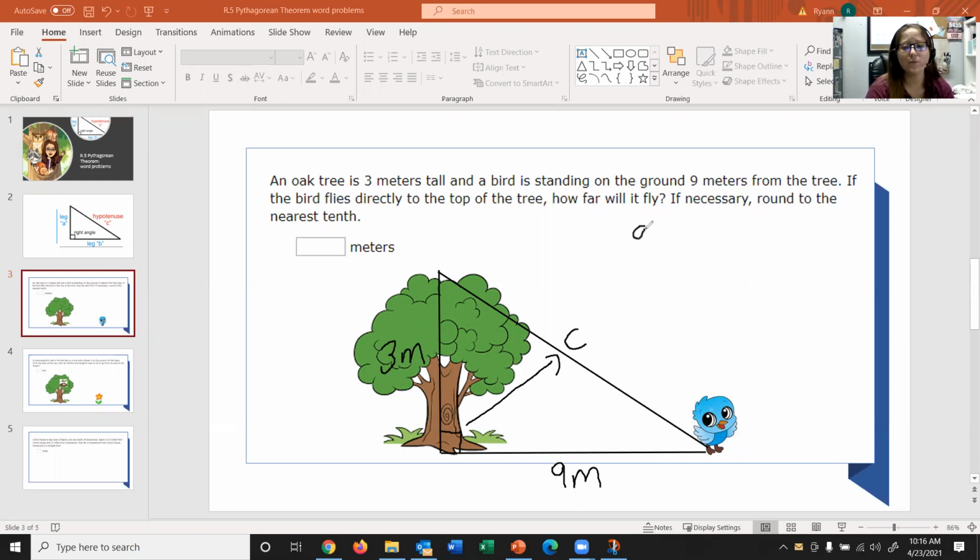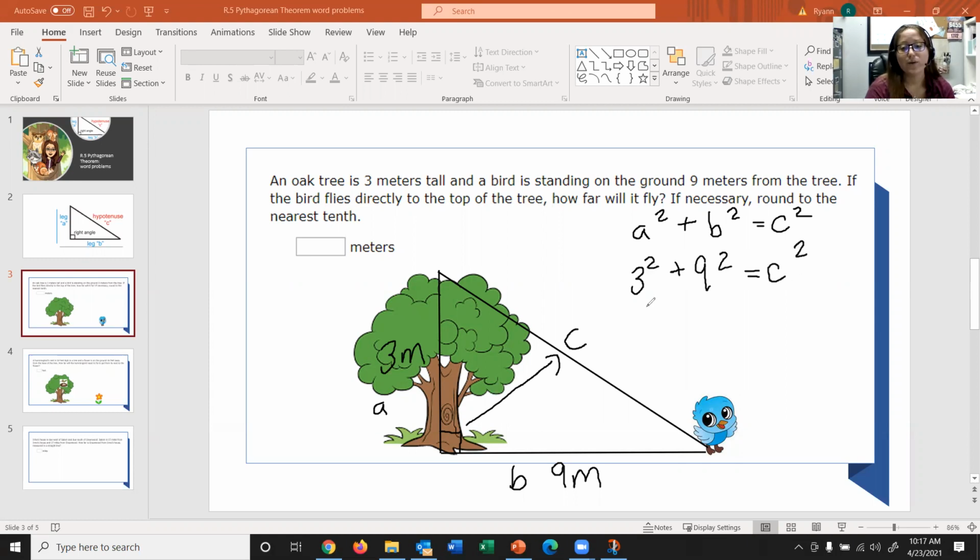So we're going to use our formula, a squared plus b squared is equal to c squared. I'm just going to call this side A, and we're going to call this side B. We're going to say 3 squared plus 9 squared is equal to c squared, or how far the bird flies.